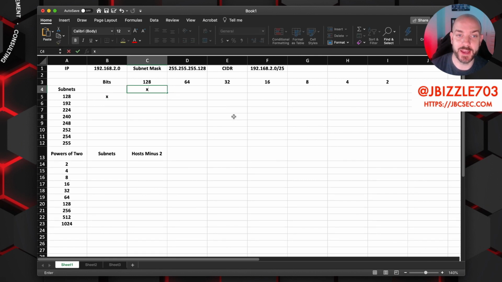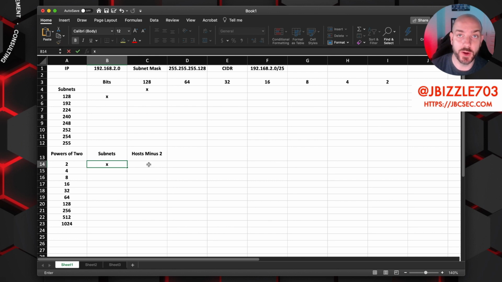So that means that within each of the /25s, there's 128 IP addresses within each subnet. And since we only did 1x under subnets, we're going to go 1, which means that there's 2 /25 subnets that make up a /24.